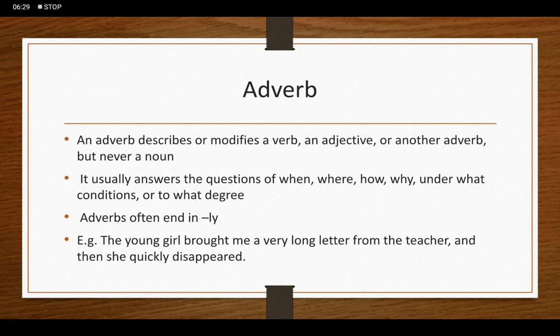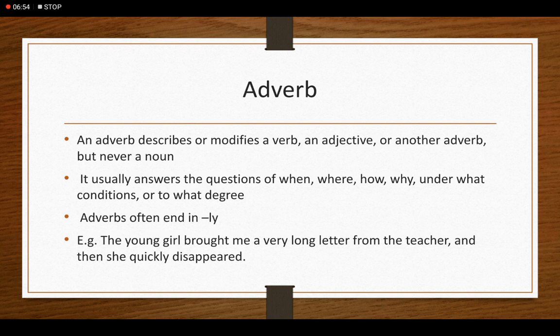The young girl brought me a very long letter from the teacher and then she quickly disappeared. So which are the adverbs in this sentence? It modifies an adjective. Here we find long is an adjective, so it is modifying the word long as very long.